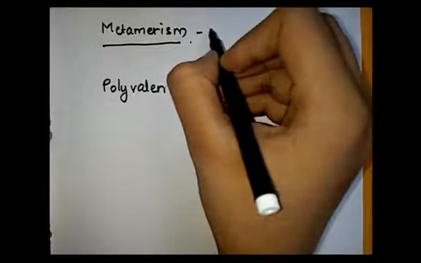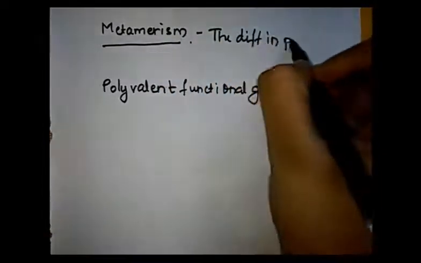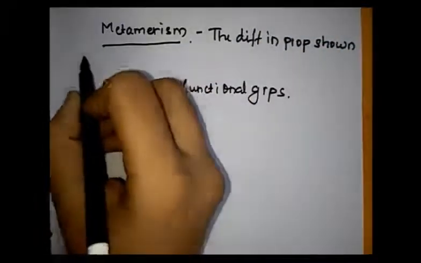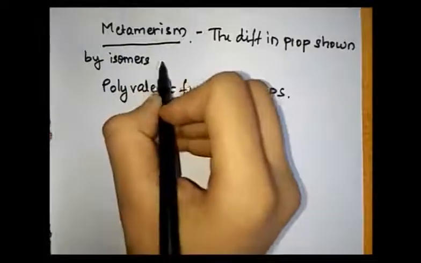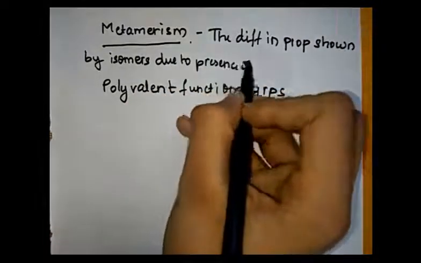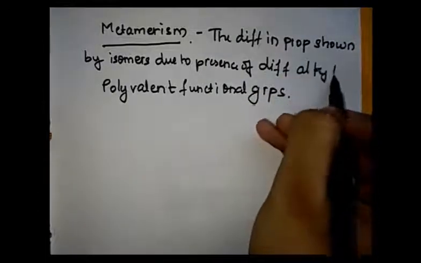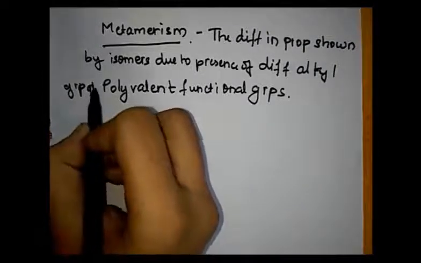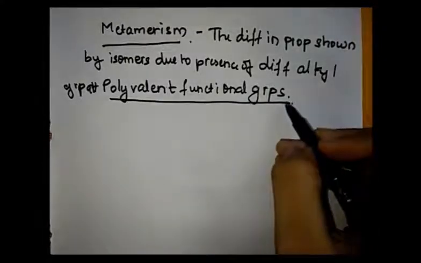So the difference in properties shown by isomers due to presence of different alkyl groups attached to polyvalent functional groups is known as metamerism.